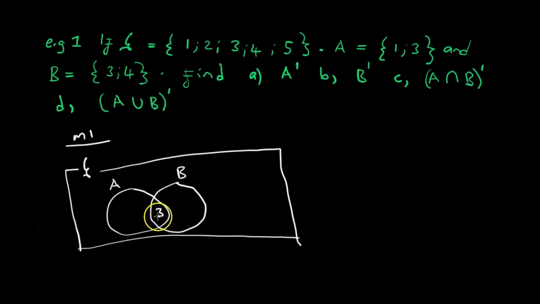Tinoona kuti 3 is a common element. Then muna A munosara muine 1, muna B muchisara muine 4. Totarisa pa universal set 1 atonyorwa kudhara, 2 haana, 3 anyorwa kudhara, 4 akanyorwa, 5 haana. So this is going to be our universal set, or rather our Venn diagram.